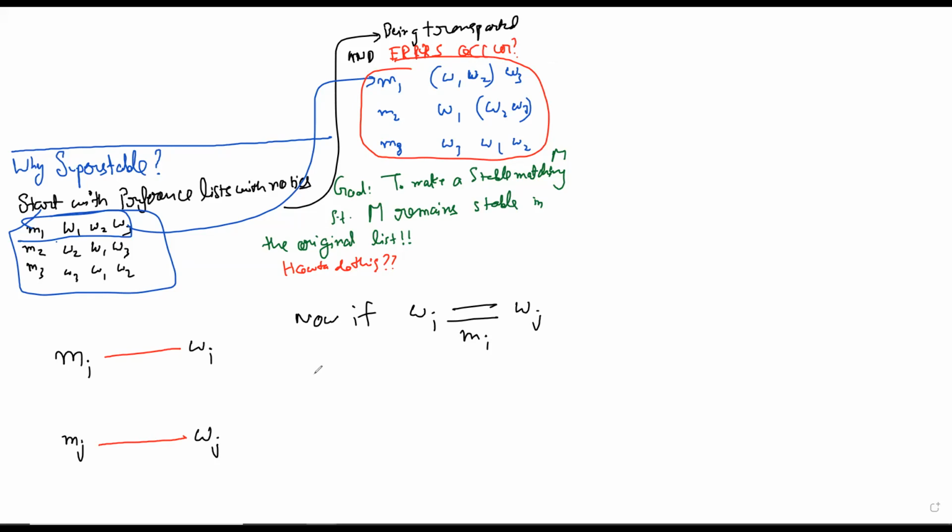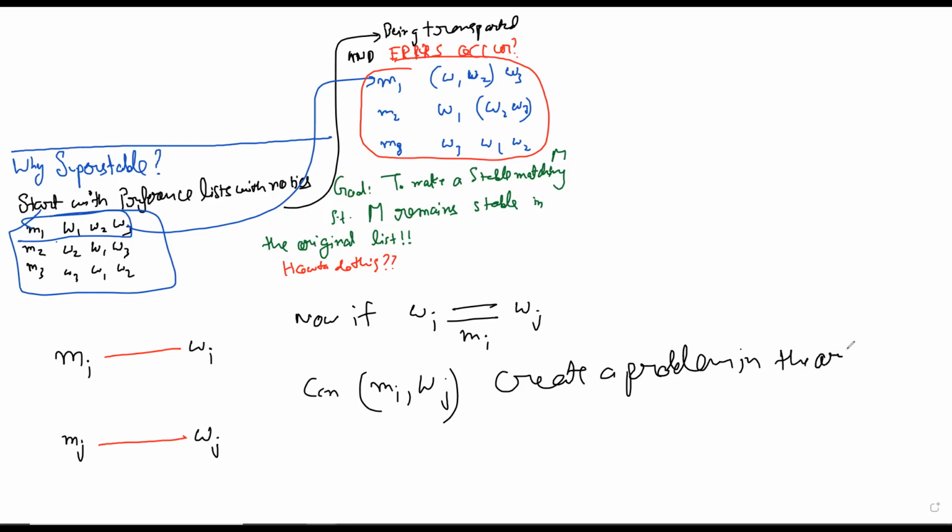So really the question is, when can mi wj create a problem in the original list? Yeah, when can that happen? So in mi's list, wi and wj, let's say these two are the only ones, and they are tied for mi. So there is maybe no problem if you look at the tied list.